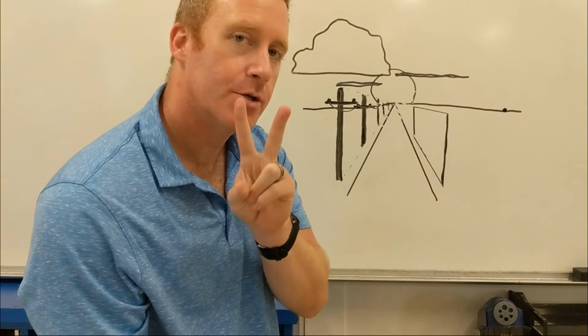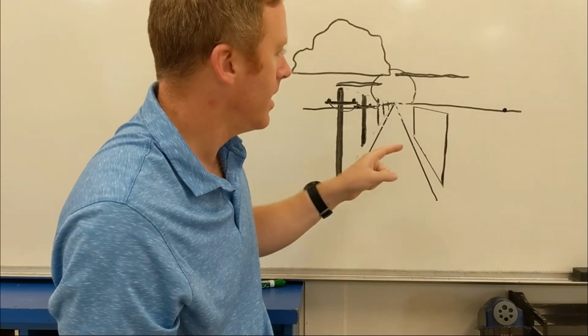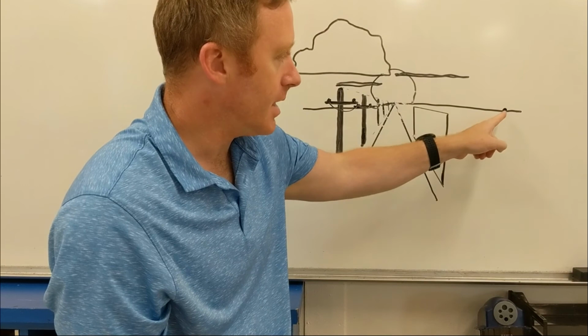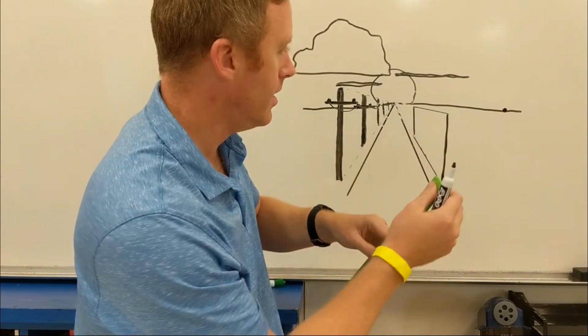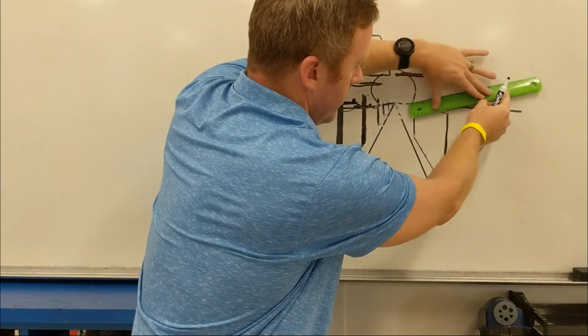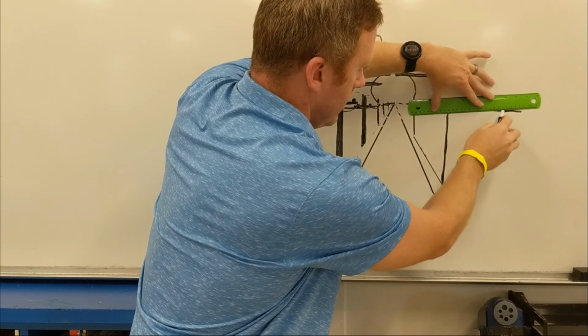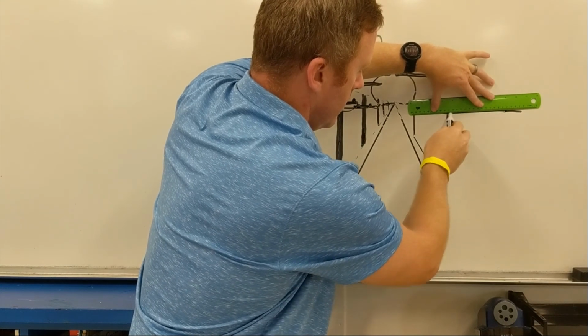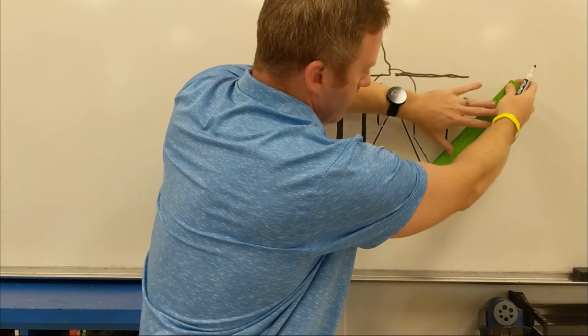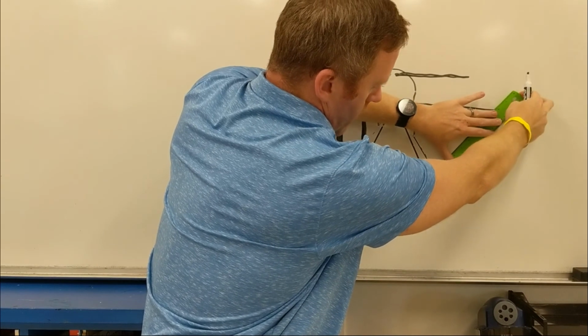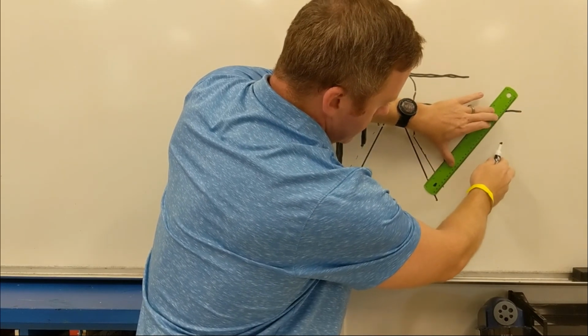This is where 2-point perspective comes in. Now I'm going to use the other point to help me draw my other wall of this building. Sometimes it's good to just draw your line all the way across.